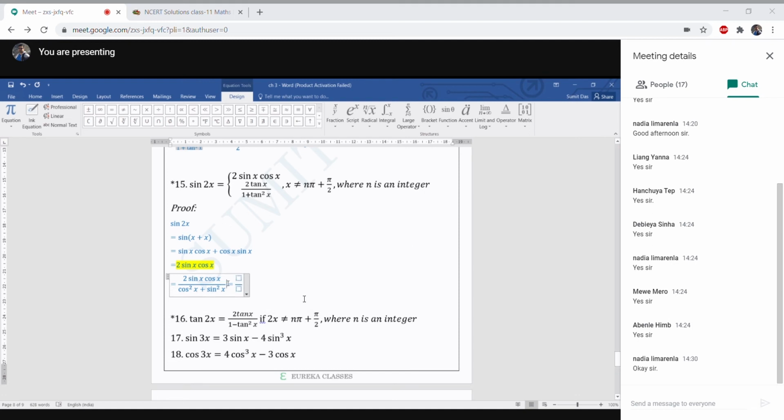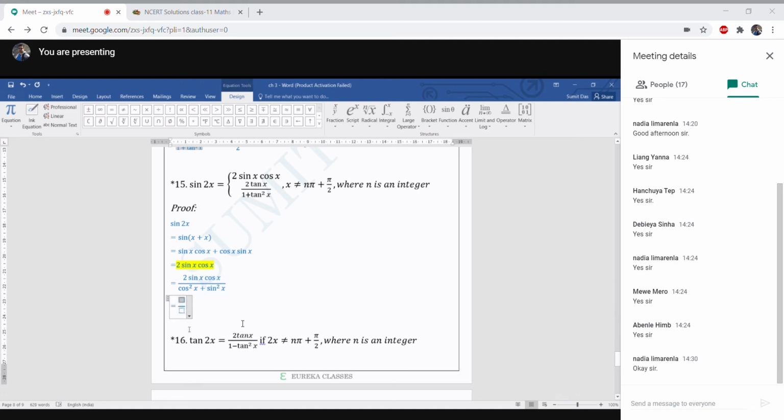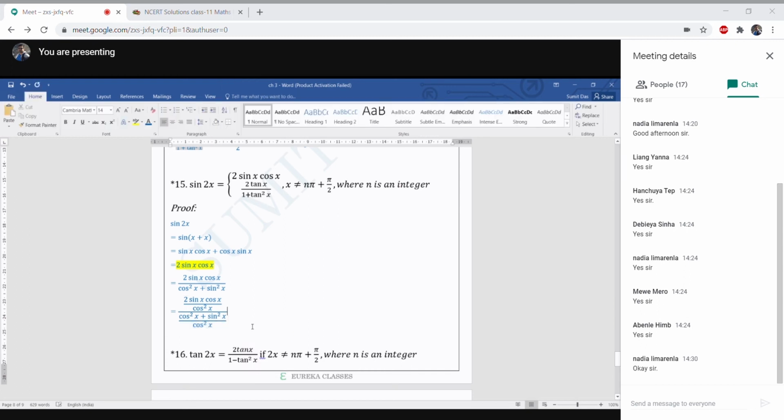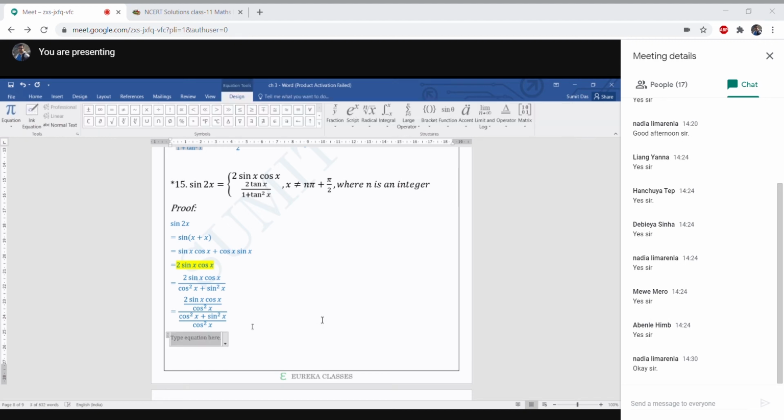So next we'll divide both numerator and denominator by cos square x. So denominator will be what?